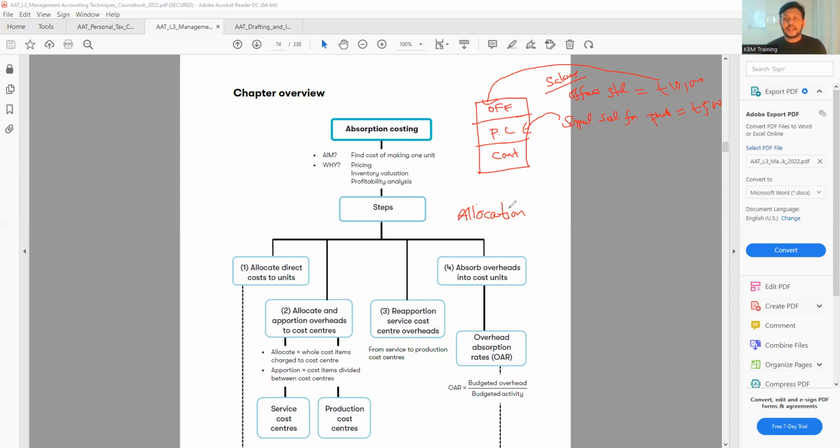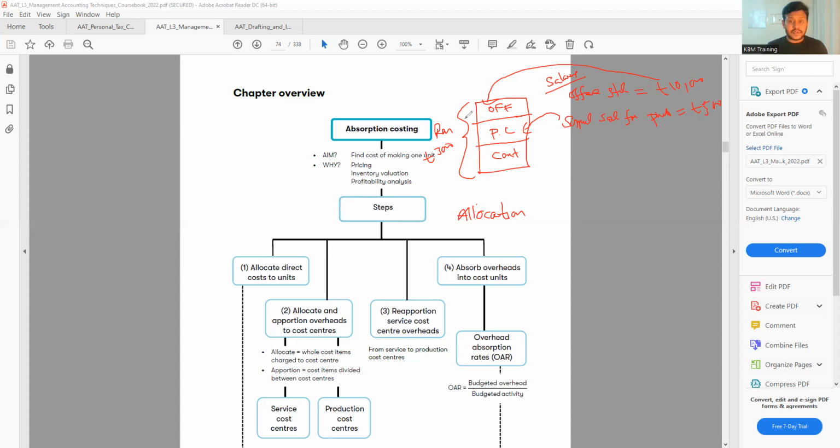Now, the next one is called apportionment. What is apportionment? Now, for example, for the whole building, the rent is £3,000. Now, the question is, can we transfer the 3,000 to the office? Can we transfer the 3,000 to the production?